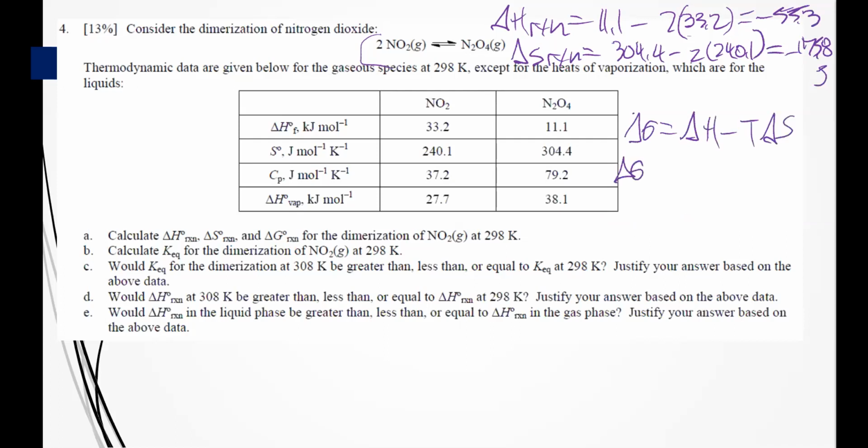So delta G becomes 55,300 negative minus 298 times negative 175.8. So delta G is a negative 55.178 kilojoules per mole.